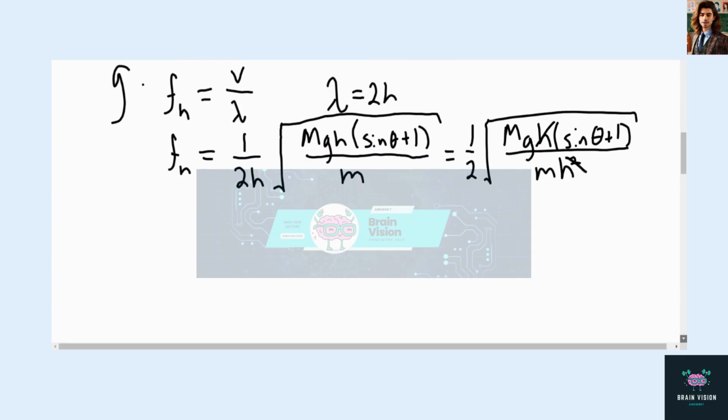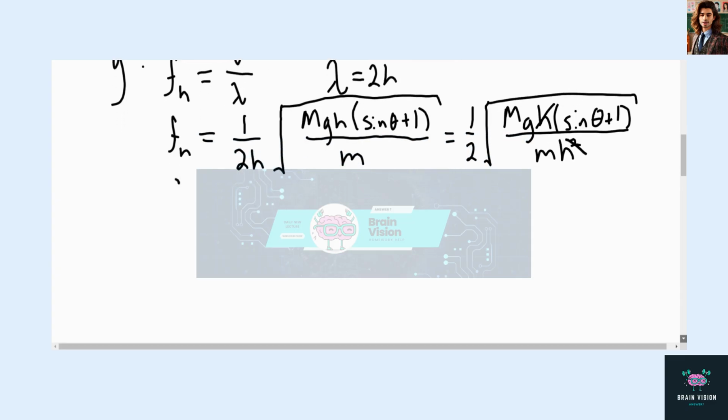And then I'll go ahead and rewrite this, but that is our final answer for part G. So F sub h is equal to 1/2 square root of big M G H, or sorry, just big M times G times the square root of sine theta plus 1.